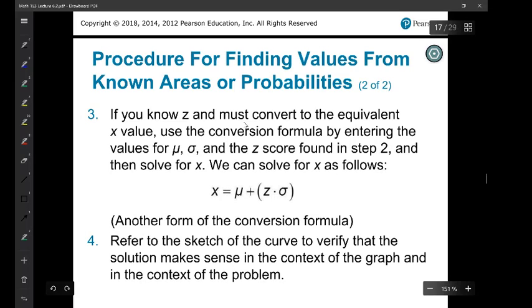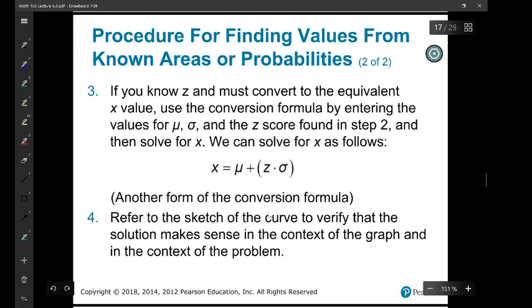So what you first do is find the area, or the probability that you're given for the problem. Then you find its z-score, and then you plug the z-score into this formula, which will give you the x-score that's associated with that same probability.